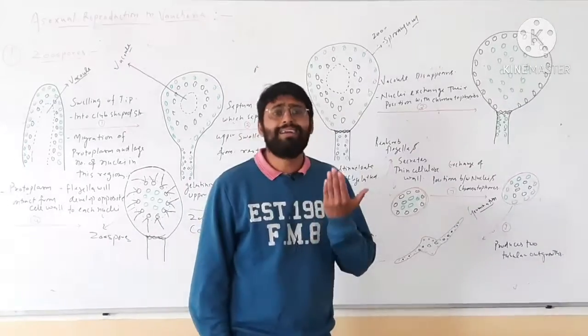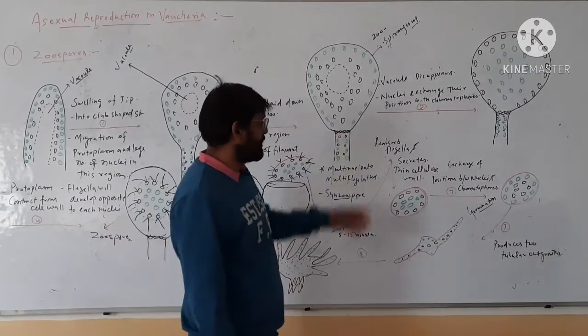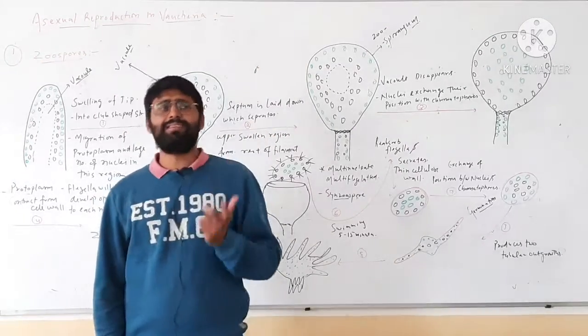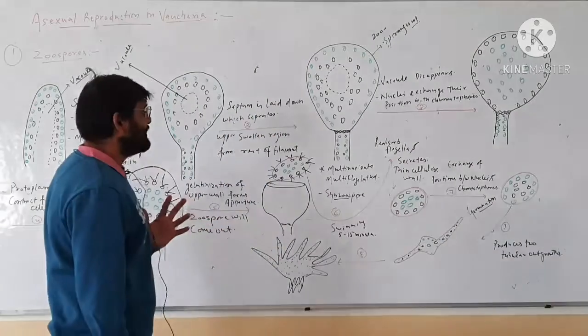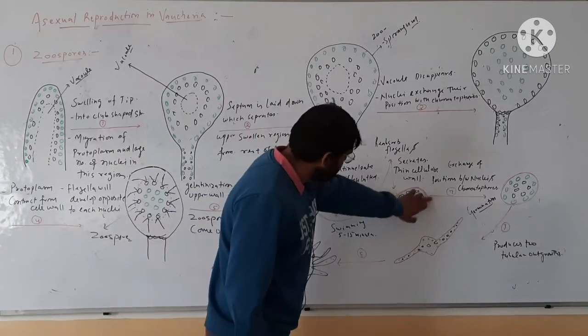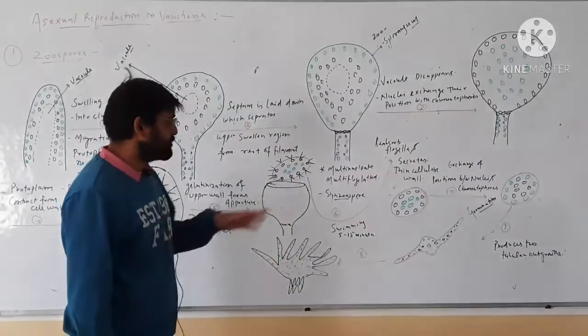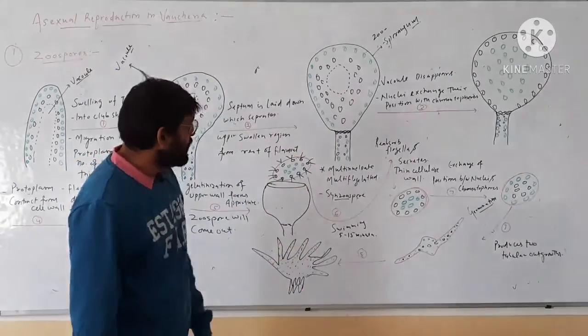Its flagella will disappear. Then after reabsorption of flagella, it will secrete a thin cellulose wall around itself. Now this zoospore is without flagella.